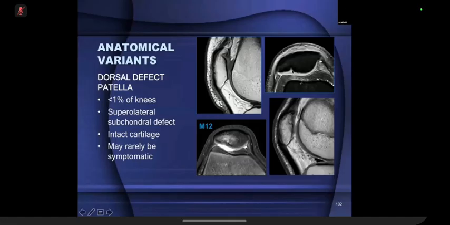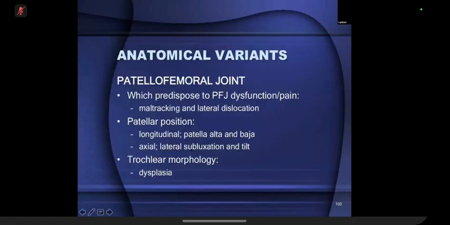So you got a dip in the bone, but the overlying cartilage is intact. So classical location, when it is present in the supralateral side, it means that this is a dorsal defect of patella. Cartilage is intact, may rarely be symptomatic, and in those cases you will get to see some bone bruising in the adjacent bone.